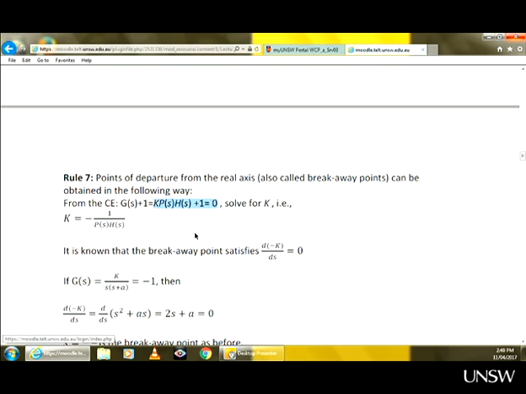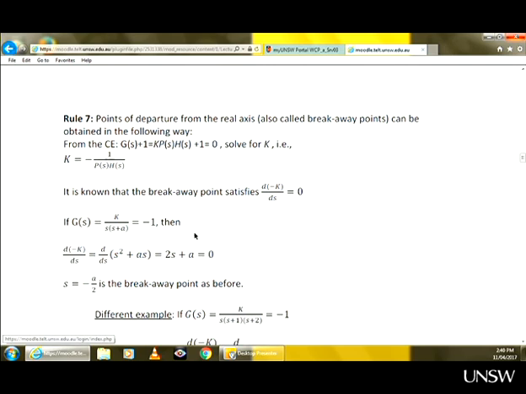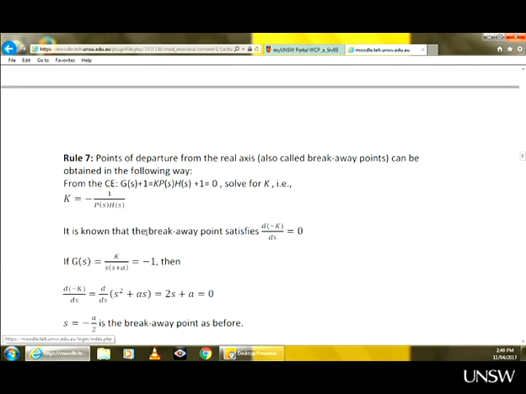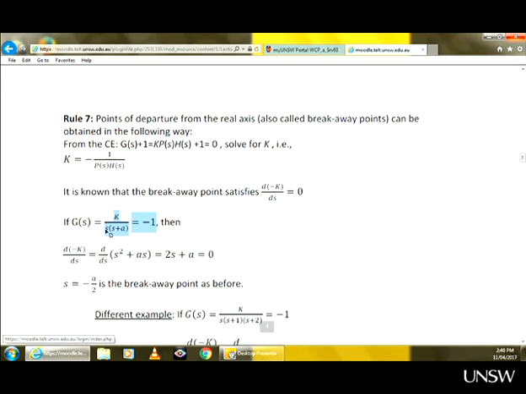Okay, so in our case, if this is what we know to be the characteristic equation of the closed loop system, then minus k will be equal to s squared plus as. We need to find the derivative with respect to s, because when you expand this, you get s squared plus as.